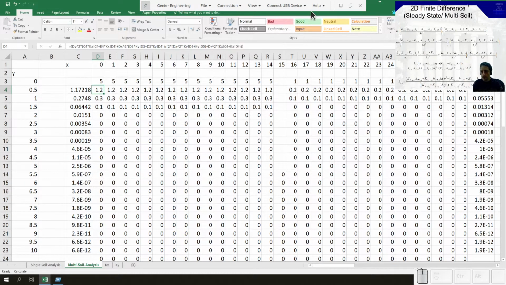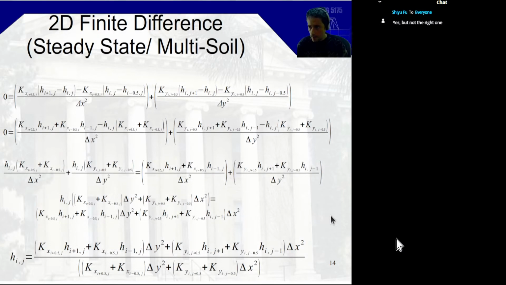So if we disconnect it now, is the connection still very choppy? Okay.